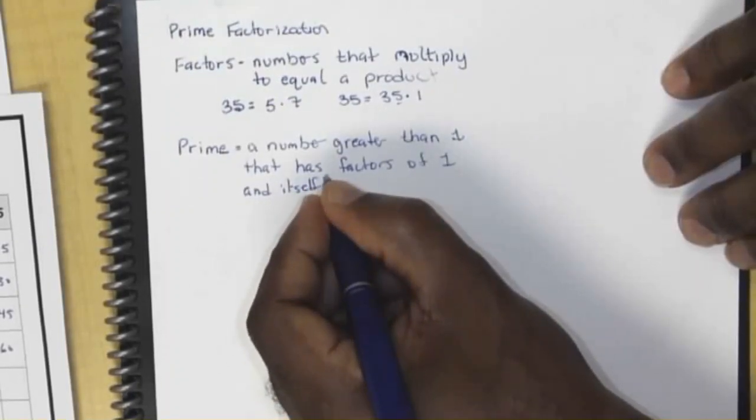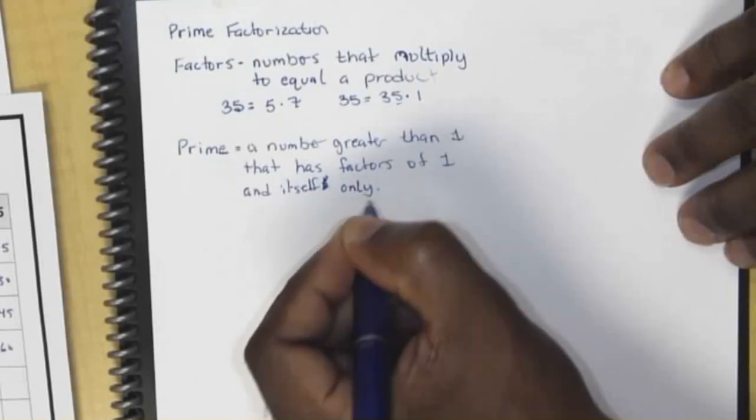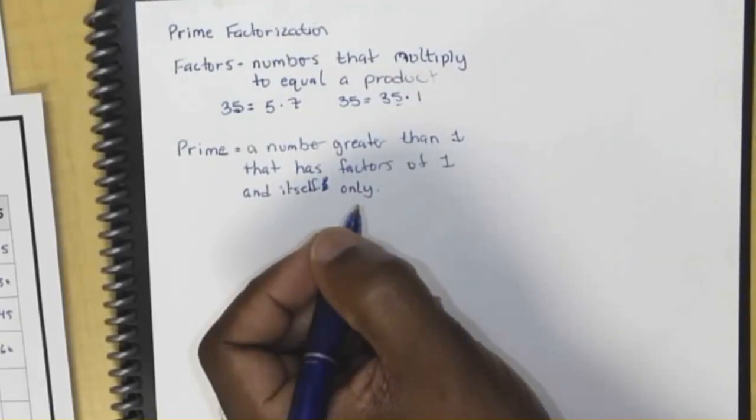I missed that word, itself. Only 1 and itself. That's how you know something is prime.